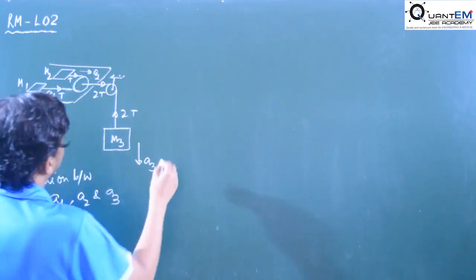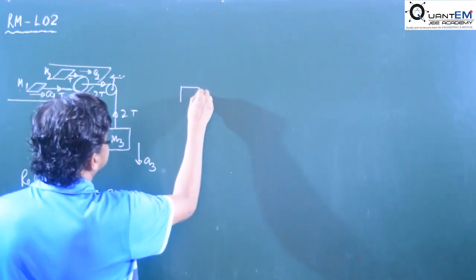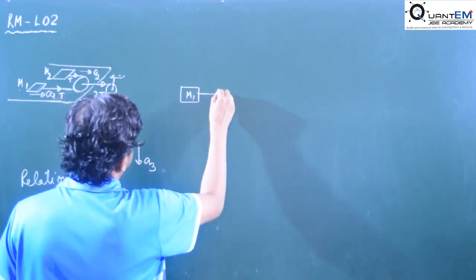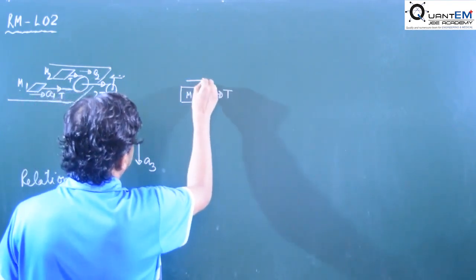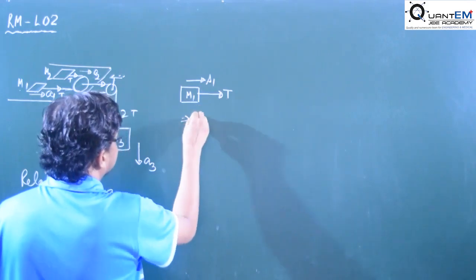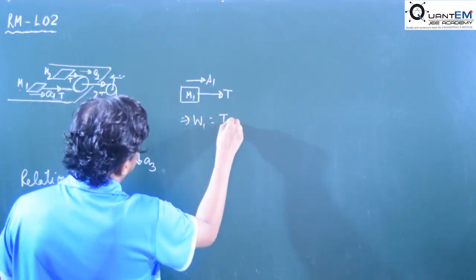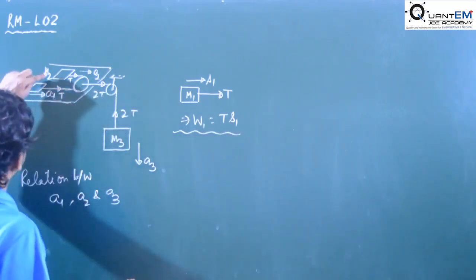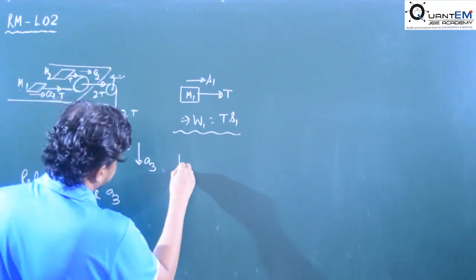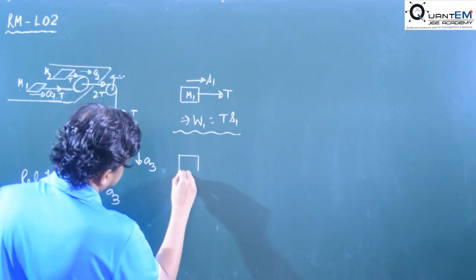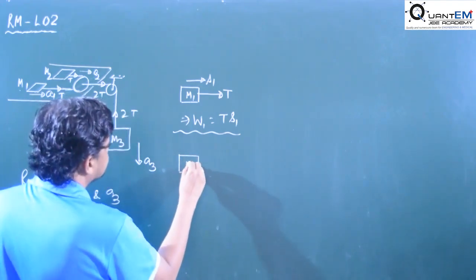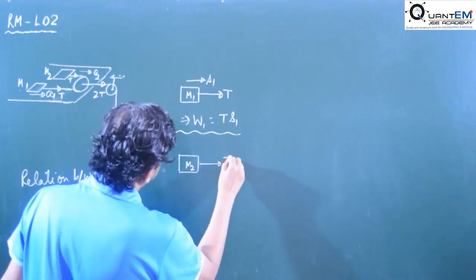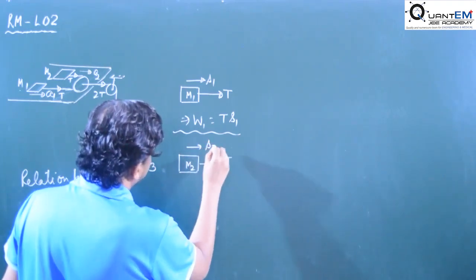Okay. So for the first mass, it is M1. Tension in the string is T and the displacement is S1. So what is the amount of work done? T S1 cos 0. Now we come to the second mass. Directed away from the mass, tension we have T, and the displacement we have S2.